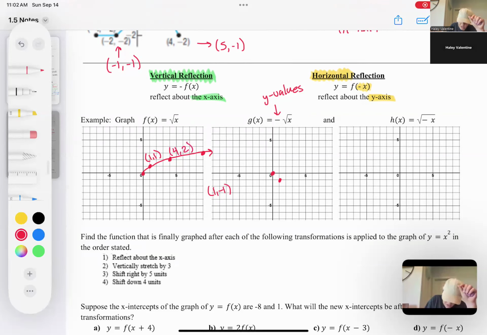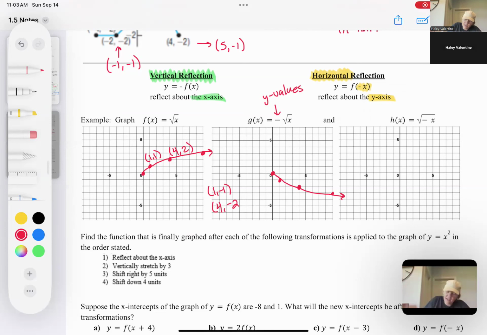So then that new point is going to become 4, -2. Recognize it's the same pattern of that parent function, but instead of going up, it's going down because it's a vertical reflection from up to down. Instead of that 9, 3, it's going to be 9, -3. So it's going down instead.